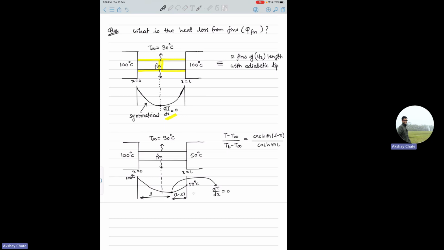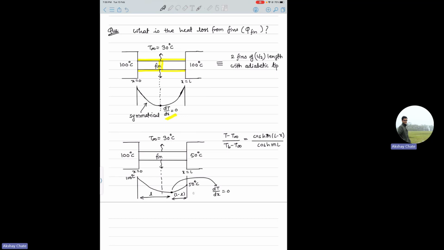I should write capital L here, otherwise it's confusing. So this is the adiabatic fin tip formula with length L.